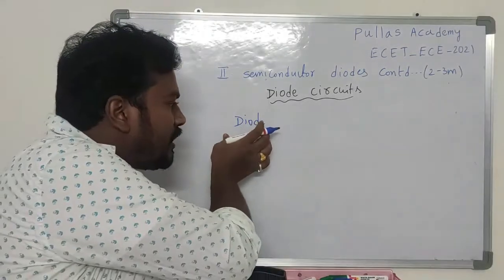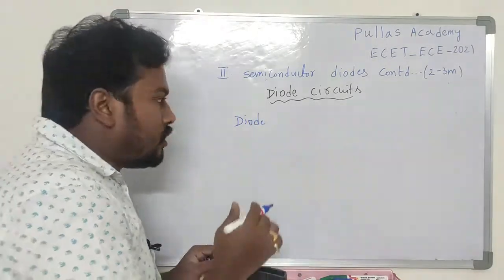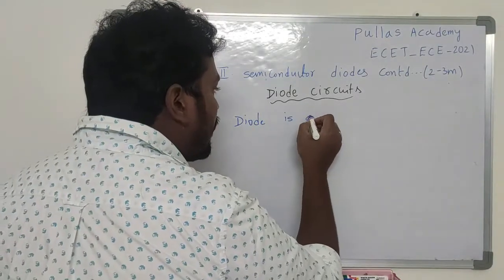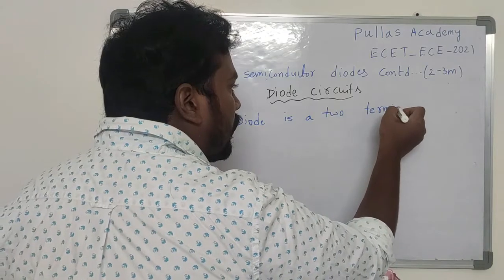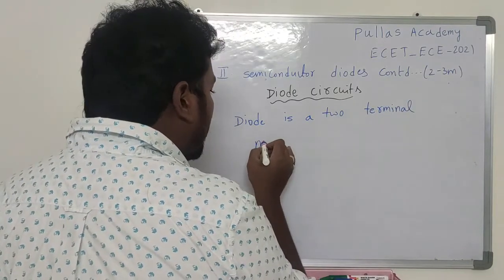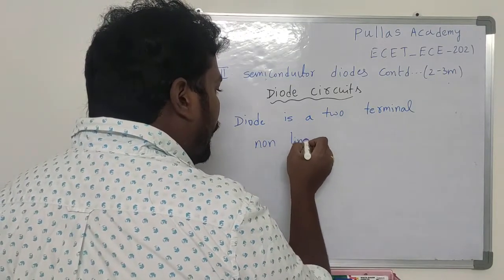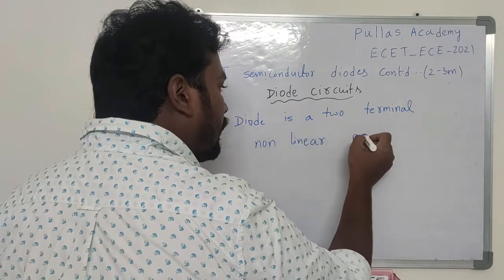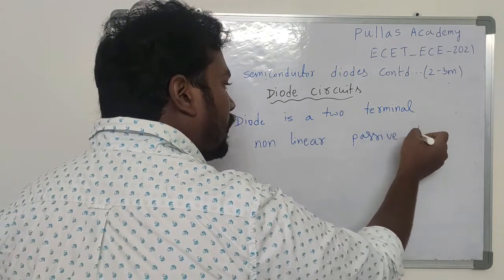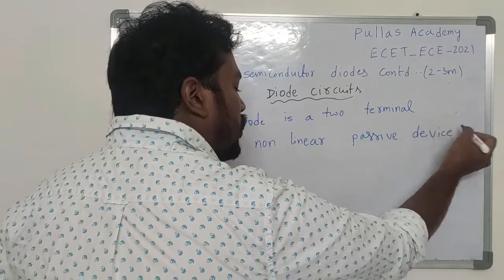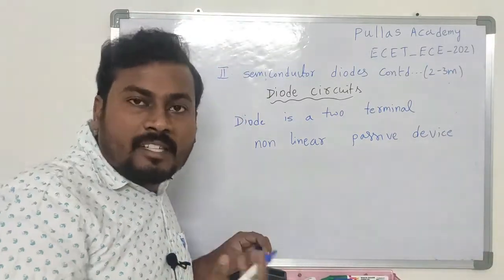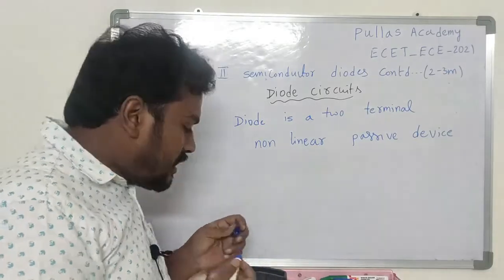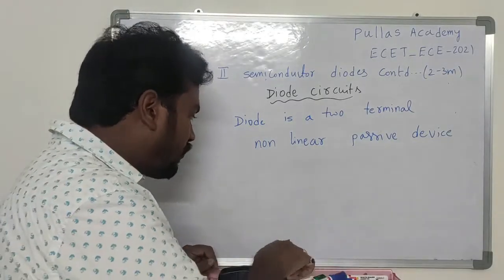So a diode is a two-terminal non-linear passive device. Let me discuss this for you.